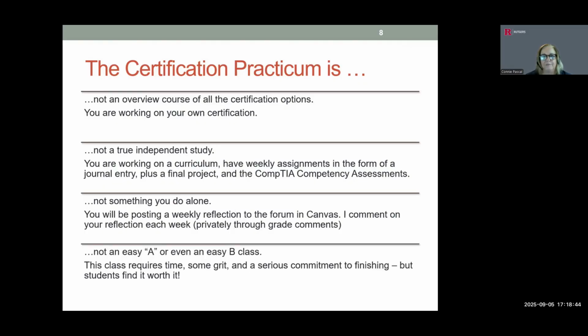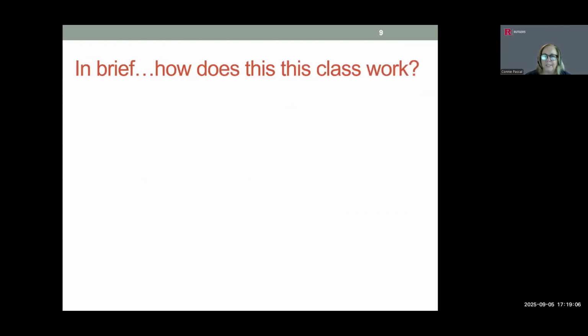You're with 45, 50 other people. Part of what you'll want to do is make sure you read about their reflections and understand their experience, because you can learn so much from each other. And again, this class is not an easy A or even an easy B. This is not a class that you can take lightly. It does require time, effort, and, as I'll talk about a little bit later, grit.